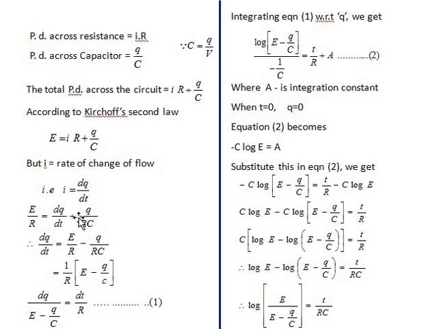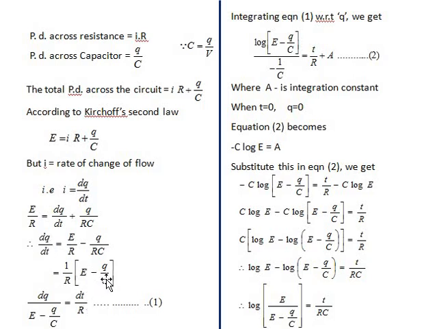So just rearrange the terms. dq divided by dt is equal to E divided by R minus q divided by RC. Take 1 by R common. What remains in the bracket? E minus q divided by C. Okay, so rearrange the terms here: dq divided by E minus q by C is equal to dt divided by R. Just cross-multiply: dt goes to this side and q remains in position.